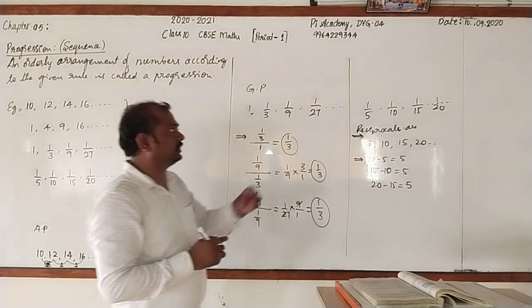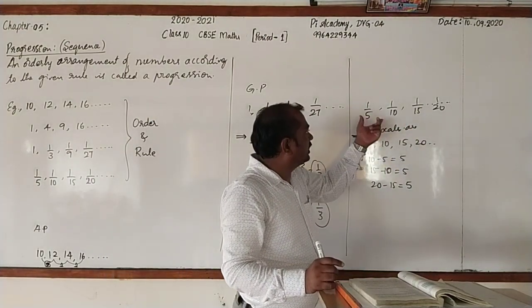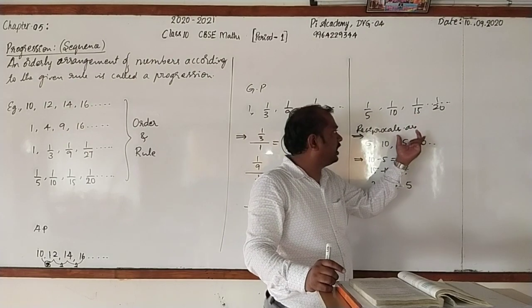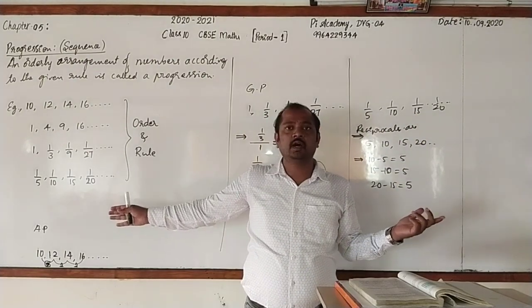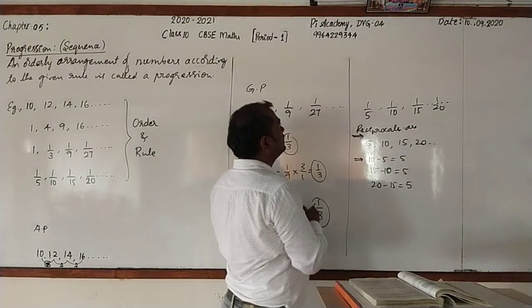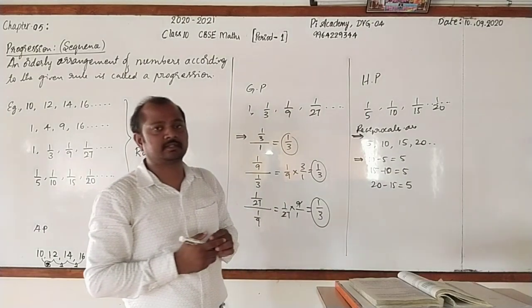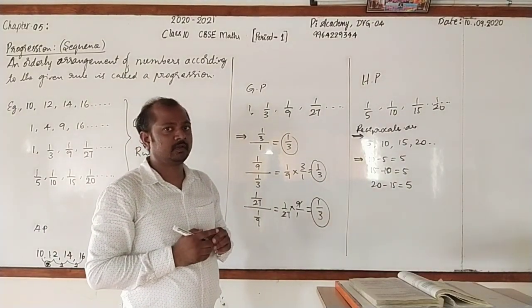We can come to know that it is the progression in which the reciprocals of the terms are the terms of arithmetic progression. Such progression is known as harmonic progression and is denoted as HP. Clear?